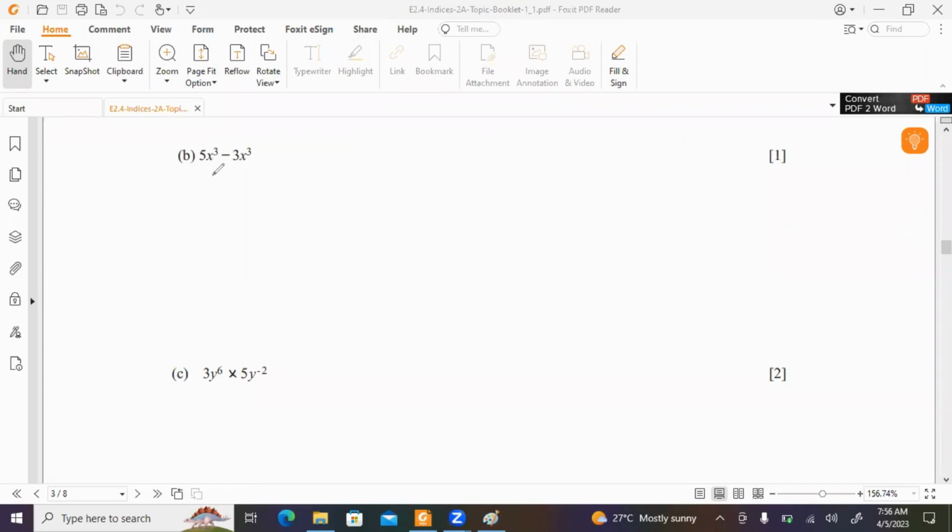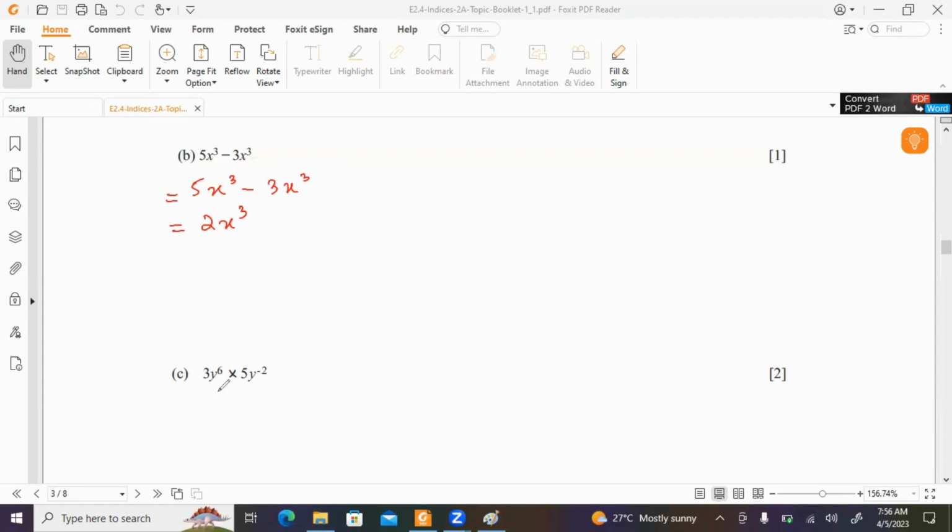In this case, since x is present with both 5 and 3, it checks the first condition that the variables are same. Second condition being that the powers need to be same as well. So as we can see, x is raised to the power of 3 in both cases. Hence, we can easily subtract 3x cubed from 5x cubed, which gives us 2x cubed.